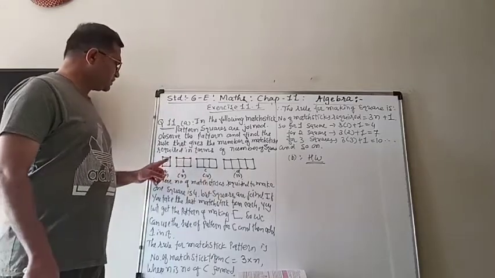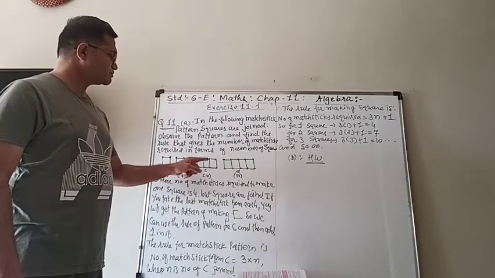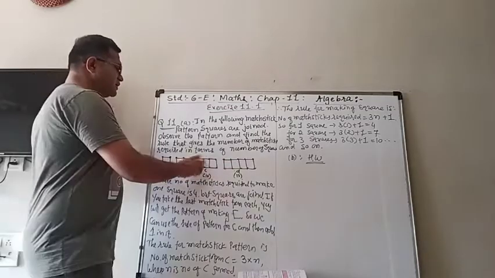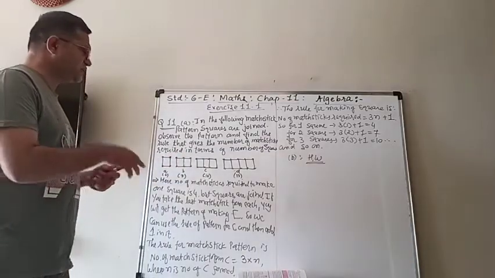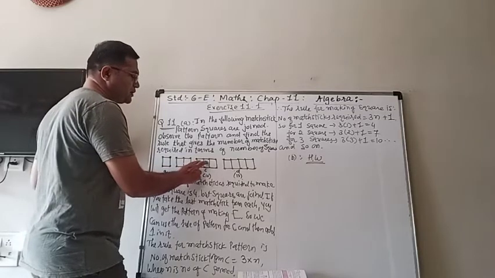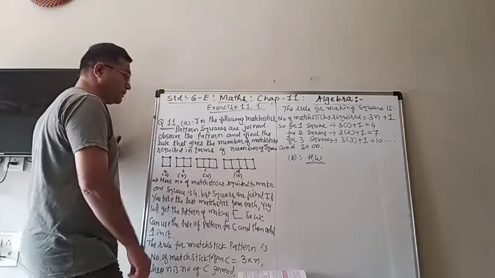It means that here one matchstick in the middle, here two matchsticks, here one matchstick, means in two consecutive, neighboring squares, they have one matchstick in common. Here also, between those two, one matchstick is common, here also one matchstick is common.